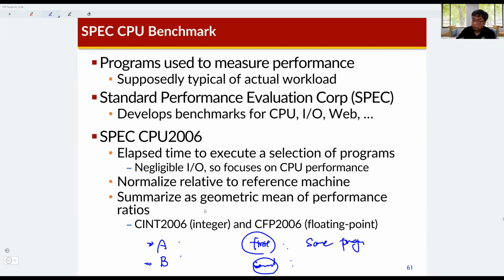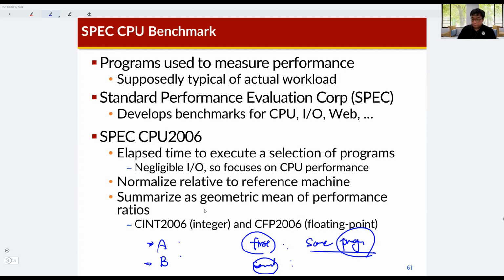The computer systems can run various types of applications. So in order to compare the performance of two different computer systems fairly, the same program needs to represent the various types of applications that run on general computer systems.